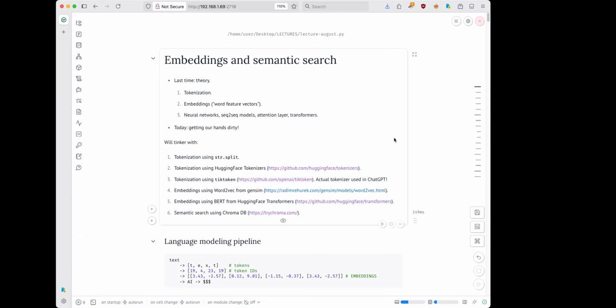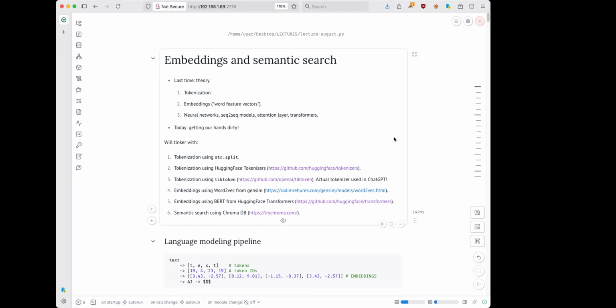Semantic search is the way we tie all of this together. We work with transformers, the neural networks that were introduced in the previous lecture. We talk about embeddings, which are basically the outputs of a transformer. We talk about tokenization and other ways of analyzing or pre-processing our text.